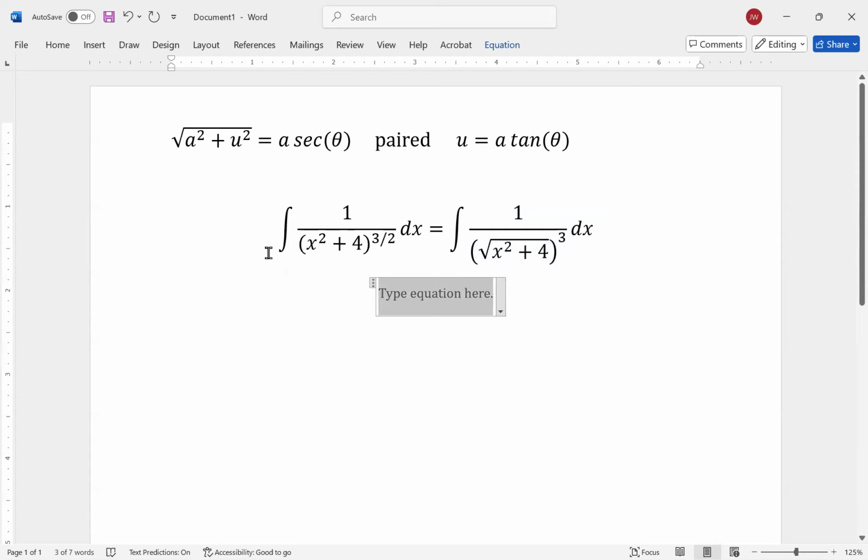So like I said, this x squared plus 4 underneath the square root is like a squared plus u squared. Now I've written it backwards. 4 is actually my constant of a squared. So here a is 2. And my u is equal to x.